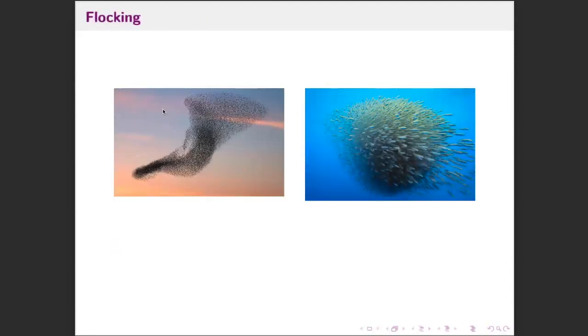So flocking, what is it about? Well, this is a phenomenon that started in the 90s. So you see here a flock of birds or a school of fish. They act like a continuum. So people asked, is there maybe a way to describe this as some sort of fluid or something? And the answer is yes.